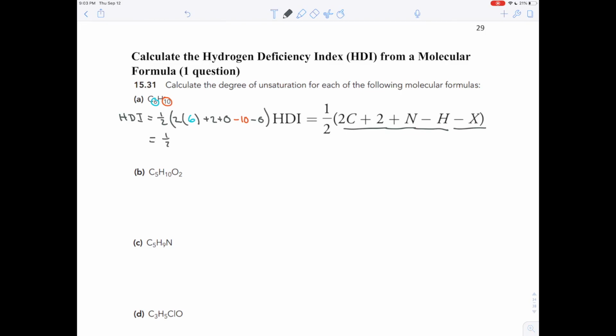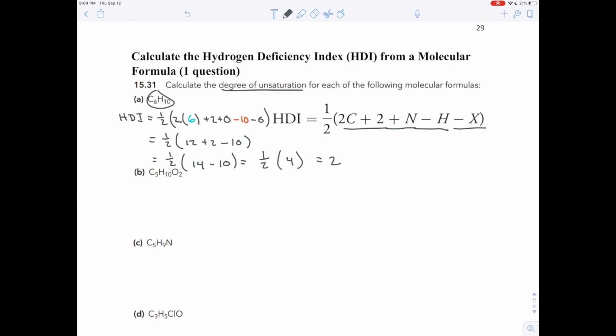So that's 1/2 times 12 plus 2 minus 10, or 1/2 times 14 minus 10. Okay, so 1/2 times 4, or 2. So the hydrogen deficiency index, the degree of unsaturation in this molecule, is 2.